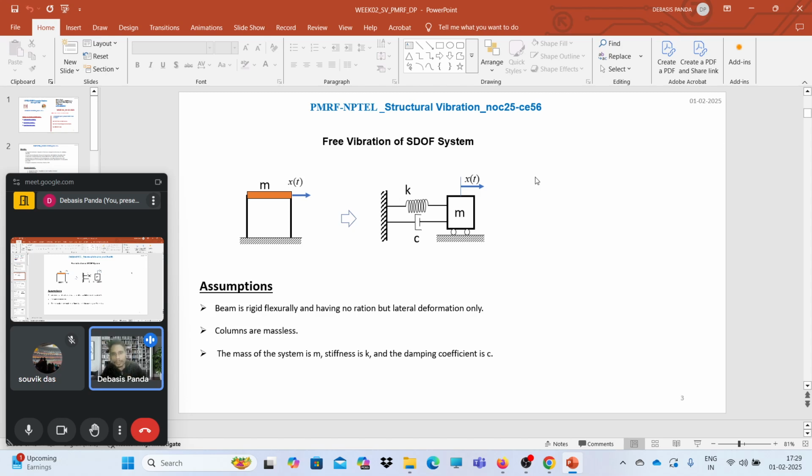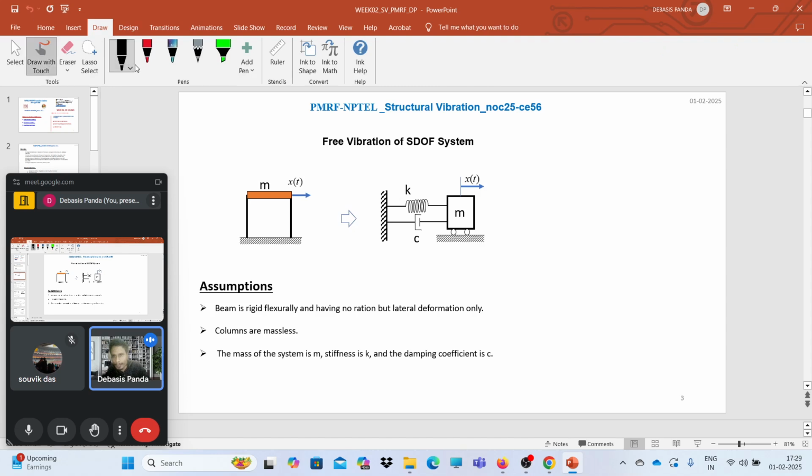During the last session, we understood the concept of the dynamic system, and the difference between static analysis and dynamic analysis.